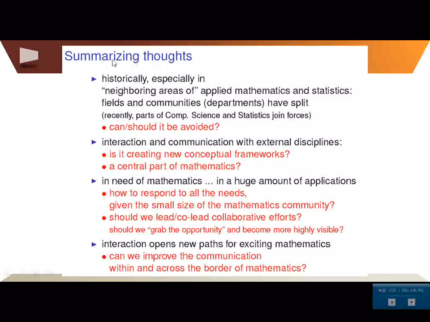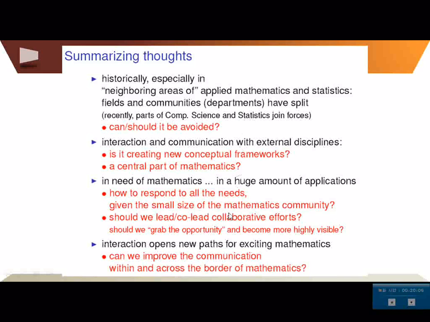Okay. And now we summarize what we mentioned. Historically, the neighboring areas of applied mathematics and statistics, as fields and communities, have split so far.